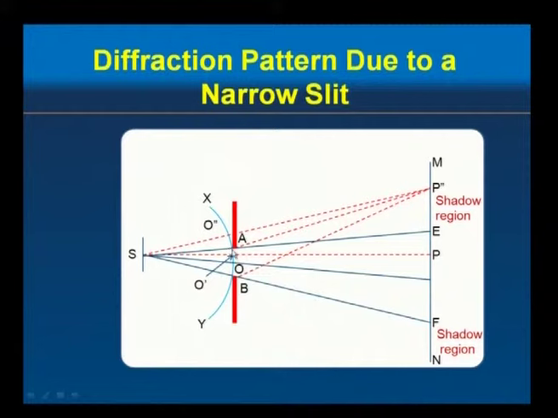But because light is undergoing diffraction, bending of light, at a point P double prime the intensity is not 0. That point should be understood. Based on the Newtonian concept, if you assume light to travel in the form of rays, there is no question of any intensity being found in the shadow region. The shadow region should be absolutely dark.